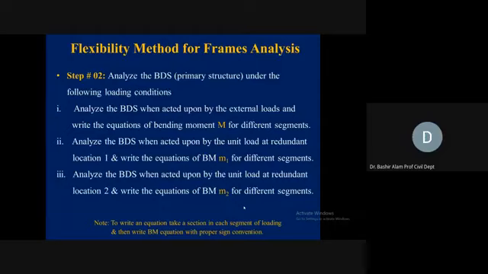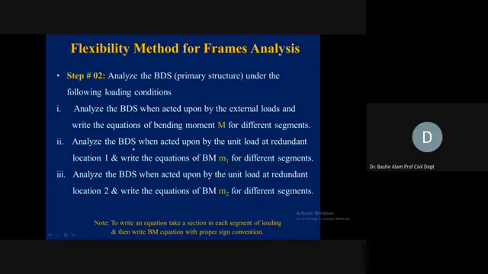So here now, step number 2 is starting: analyze the basic determinate primary structure under the following load conditions. First, we need to find the capital M values, and for that, we need to analyze this basic determinate structure acted upon by the external loads and write the equations of bending moment capital M for different segments.